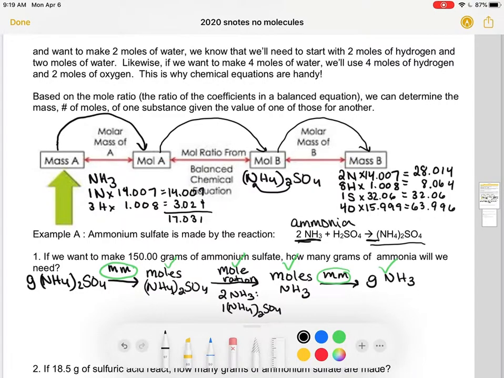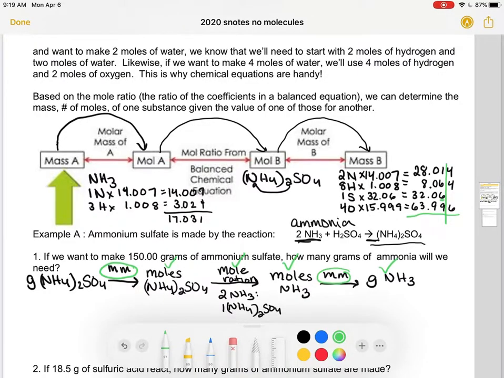Okay, so I'm going to talk a little bit about sig figs here. My molar mass for sulfur ends at the hundredths place. So my molar mass for this whole thing has to end at the hundredths place. You can only go as far right as the one that goes the least right.